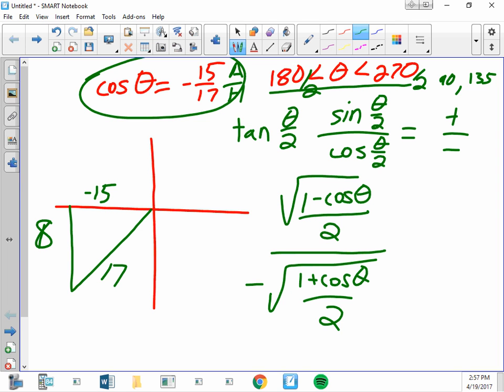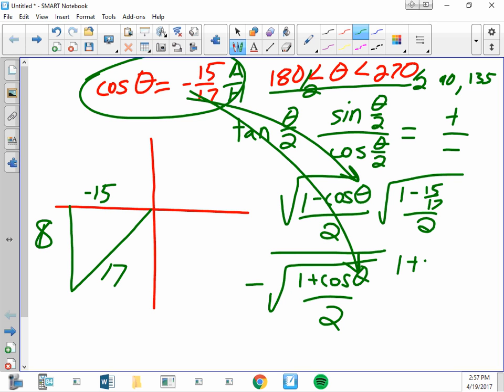So we're going to plug negative 15 over 17 into both of those. 1 minus 15 over 17. And then 1 plus 15 over 17. Oh, that's plus. And this one's minus.